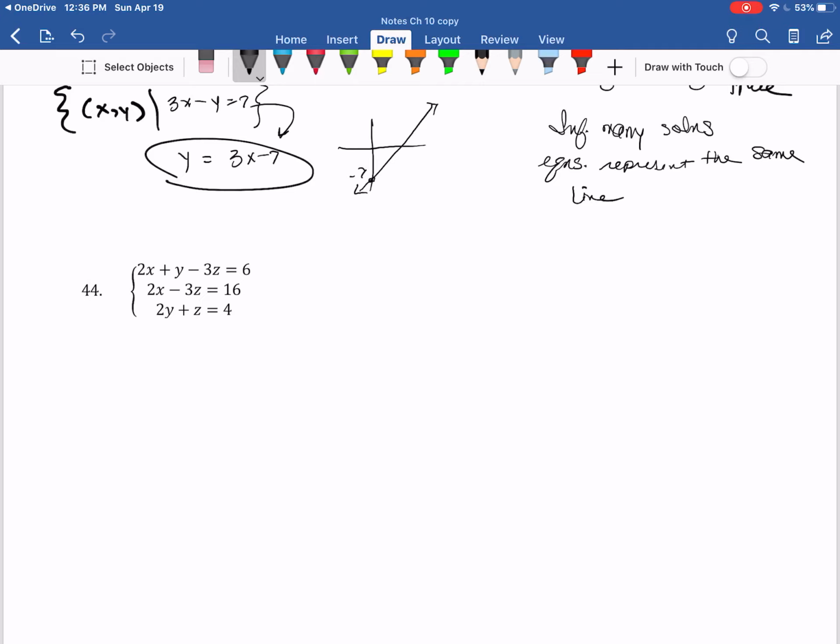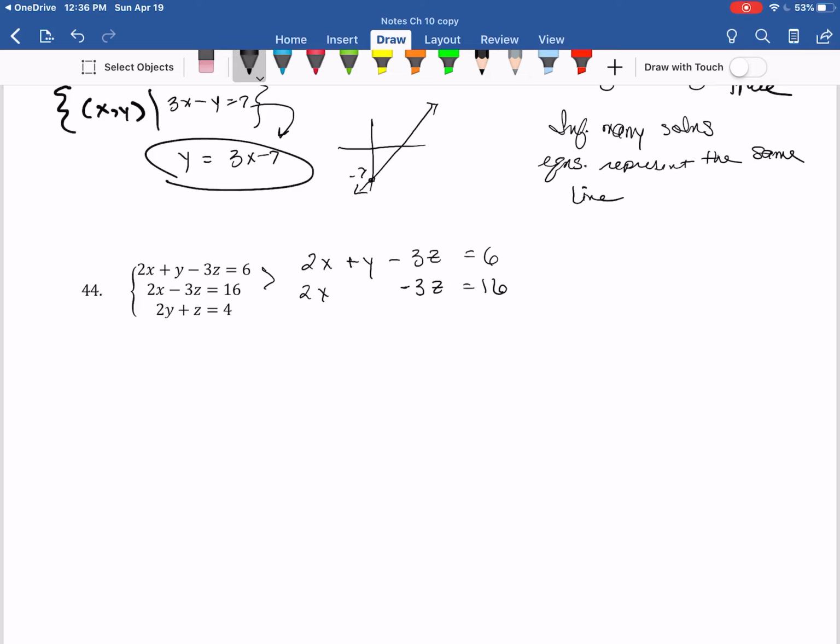But let me think. If I take the first 2 equations, let's start with those. Okay, 2x plus y minus 3z equals 6. And when I write out my next equation, I'm going to space things out so that the like terms are in the appropriate positions. Makes it a little bit easier to see.